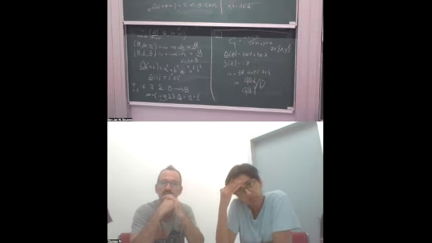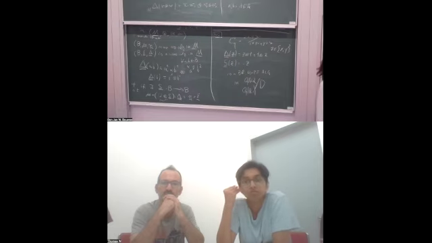Now, other examples of braided Hopf algebras come from a process that is called transmutation. This is due to Majid.